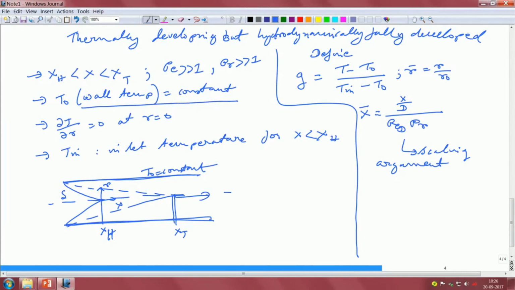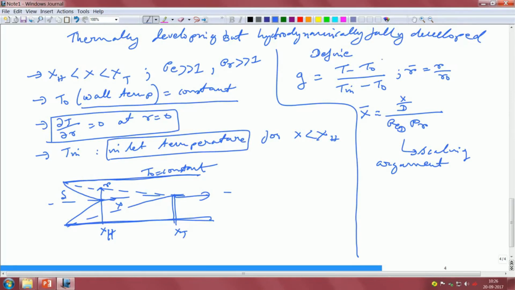The profile of temperature, by intuition, should have an inflection point at r equal to 0, that is at the center line, and the inlet temperature is whatever the inlet temperature is, but we are considering our axis starting from x equal to x_h. So, the inlet temperature actually is x less than 0, to say.